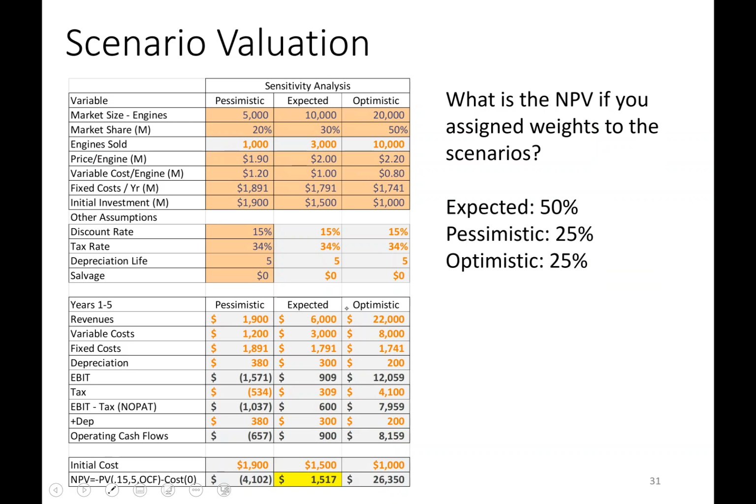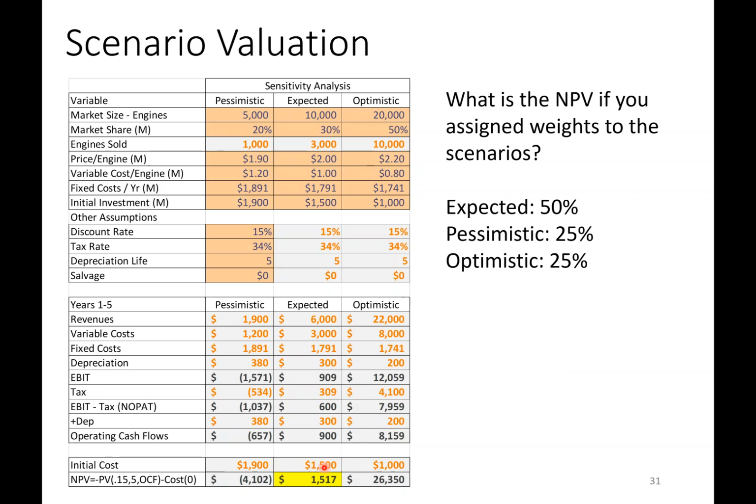Again, I'll do one more thing. An interesting way to do an NPV is to have the NPV be a weighted average of several NPVs. So in this case, what if you just had these scenarios? It's either expected, optimistic, or pessimistic. These are the only things that happen, and you assign some probabilities. I think there's a 50% chance of expected, 25% chance of optimistic, and 25% chance of pessimistic. To calculate an NPV in that case, I could simply calculate the NPV as a weighted average.